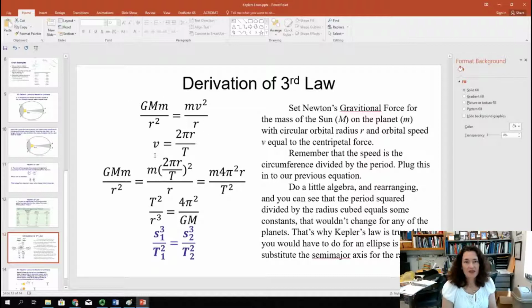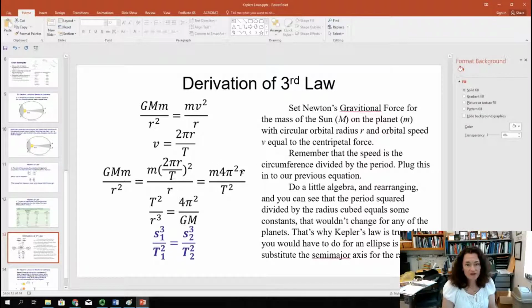Now remember that the speed of the planet is equal to the planet's circumference in its orbit, 2 pi r, divided by the amount of time that it takes to complete an orbit, the period T. If you plug that in for v into our first expression above, then you can see that G big M little m over r squared equals the mass of the planet times 2 pi r over T squared, and then divided by r again.